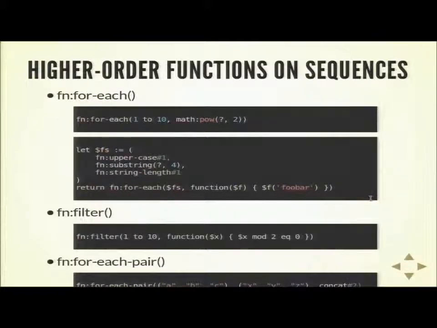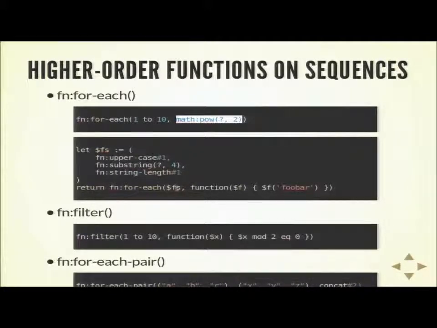We also have a set of higher order functions that are defined on sequences. We have the for-each function. It takes an initial sequence, and for each item in that sequence, it calls the function that's specified as the second parameter. Now, if you want to be tricky, you can do things like this.